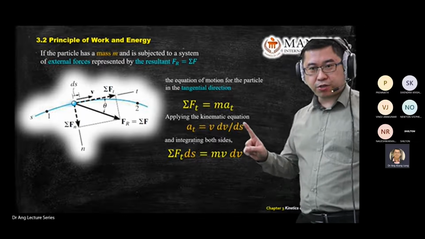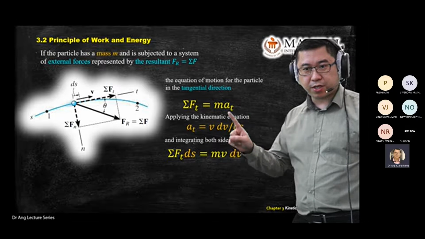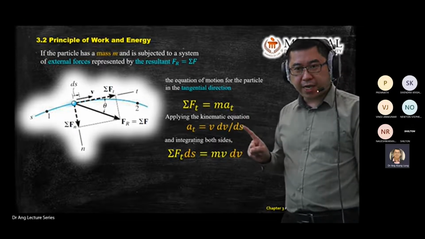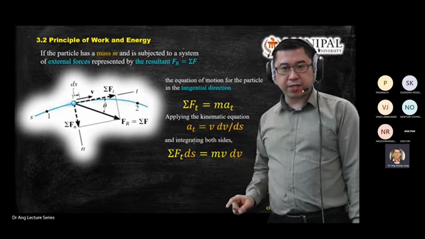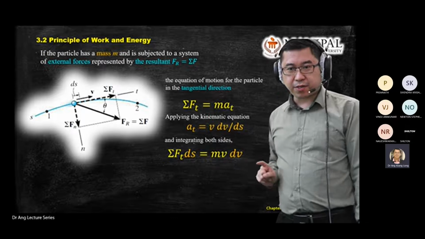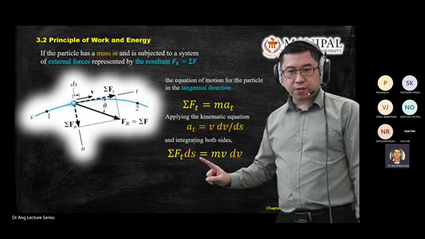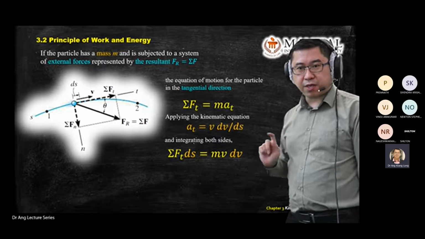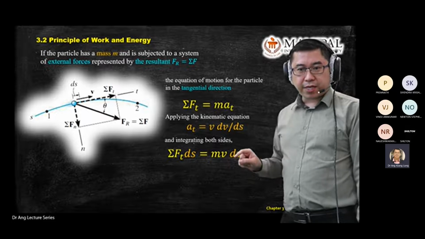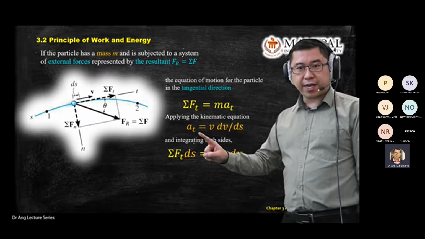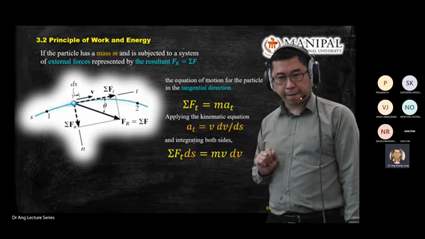Then you rearrange, you pull your ds to the left hand side, then you do integration. When you substitute the equation in here, you get force ds equal to mv dv. I hope you see how you get this equation. You get this equation with the help of a ds equal to v dv equation that you learned in chapter 1.